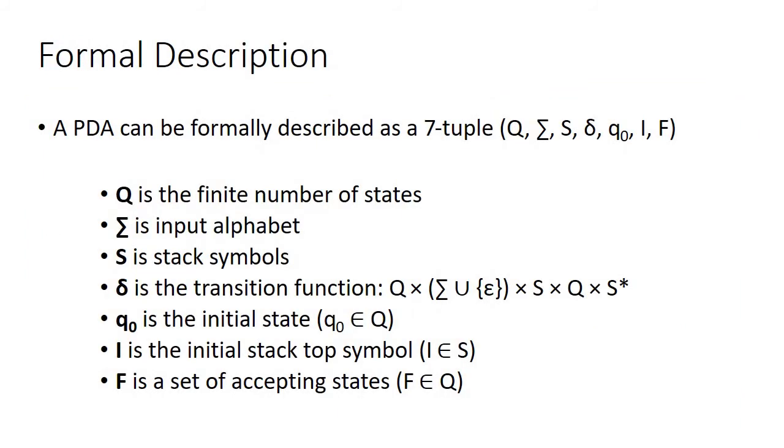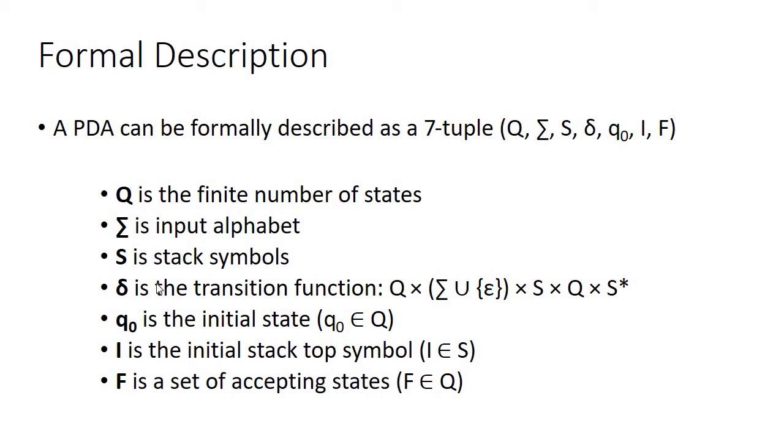The formal description of pushdown automata contains 7 tuples. And what are these tuples? The very first one is Q, which contains the finite number of states. It belongs to the finite state machine. Sigma is the set of input alphabets. It belongs to the finite state machine. Gamma, the stack symbols, belongs to the stack part.